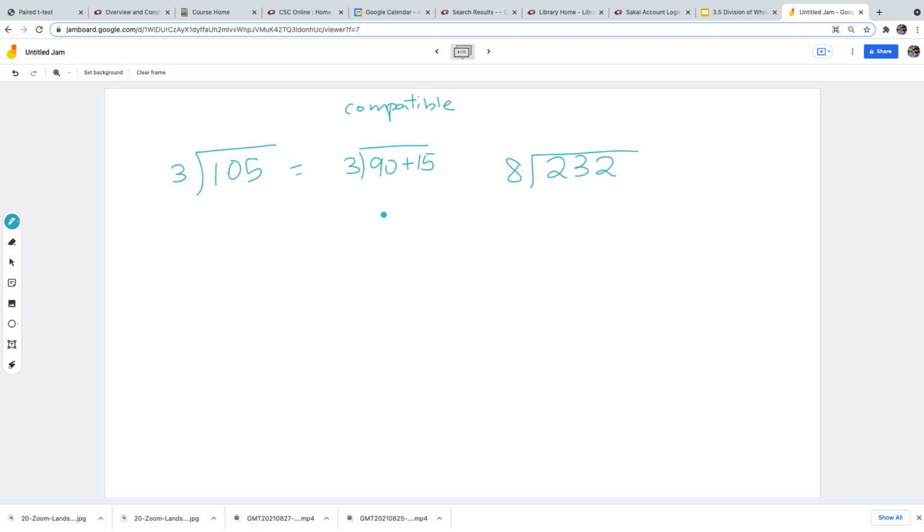They are easier numbers, but nothing has changed because 90 plus 15 is 105, right? So I'm gonna just look at these by breaking the dividend into two parts like this.